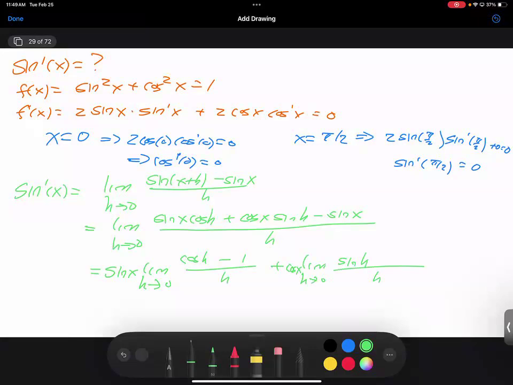So I clearly want to do something given how much space I've left. What does cosine of h minus 1 over h look like? So I've got cosine of h minus 1 over h.